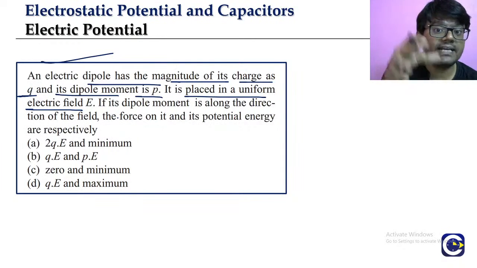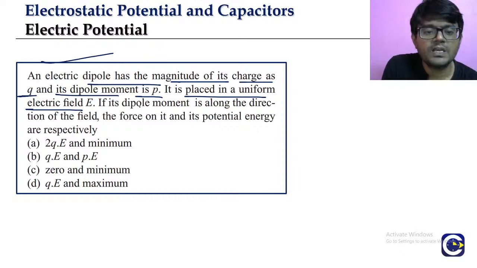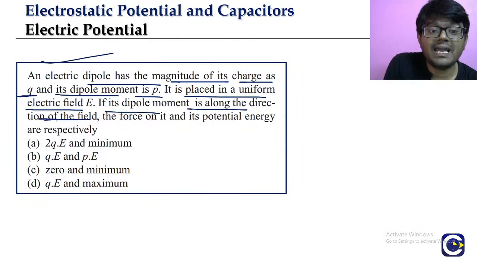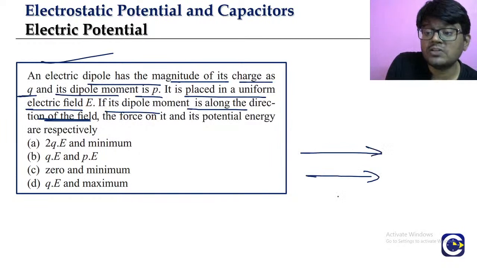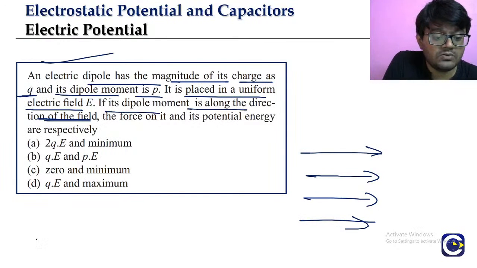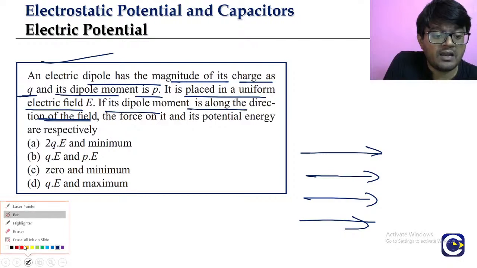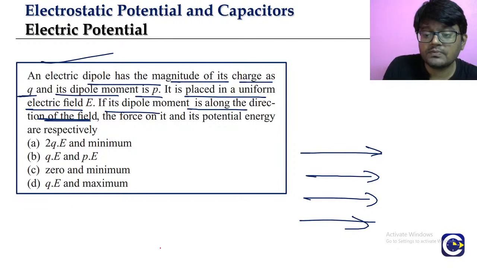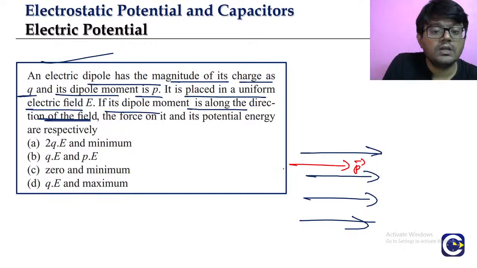We have placed it inside the uniform electric field E. If its dipole moment is along the direction of the electric field, எப்படி இருக்கு? Direction of the electric field சொன்னா what is it? Parallel position தானே. We are keeping the dipole in the parallel position. The force acting on it and its potential energy respectively.